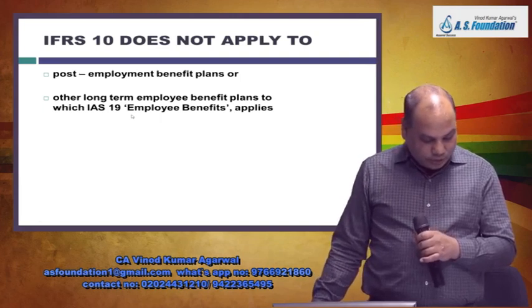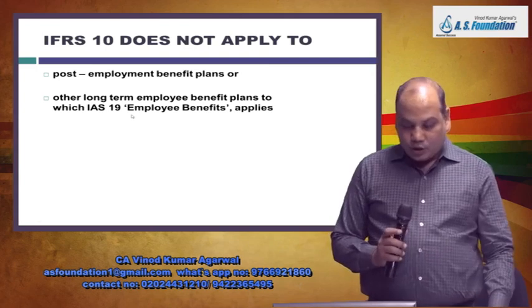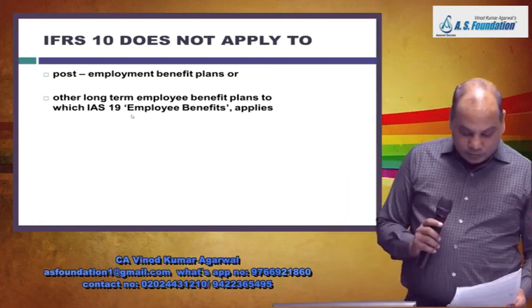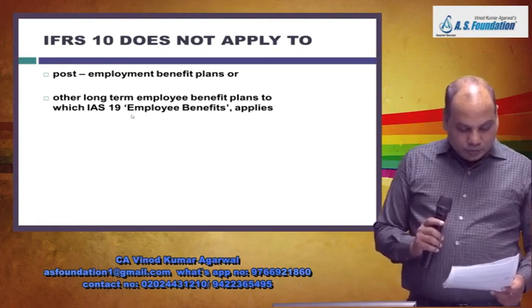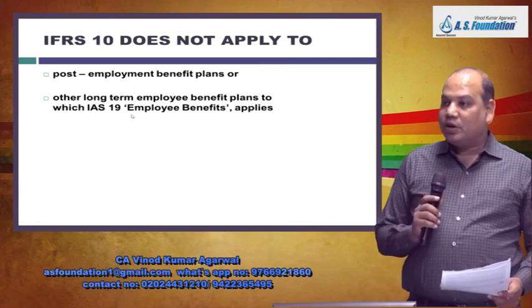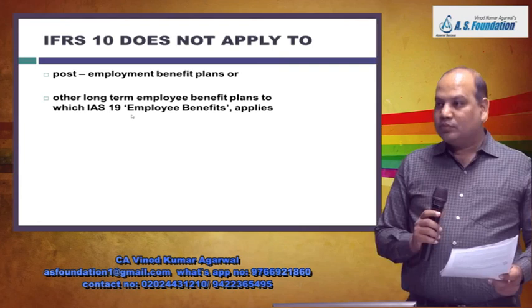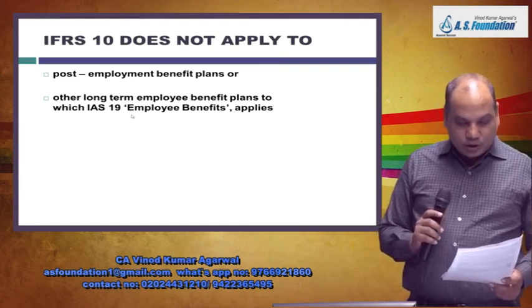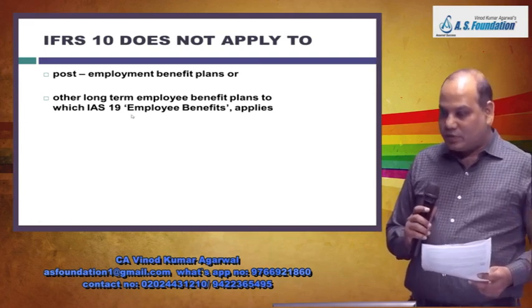And between that there was one more paragraph. A parent who fulfills the following two conditions is also not required to prepare the CFS. Which is this example? Parent is an investment entity. This we'll see in the last few paragraphs also. Investment entity, for the time being, its principal business is investment activities.